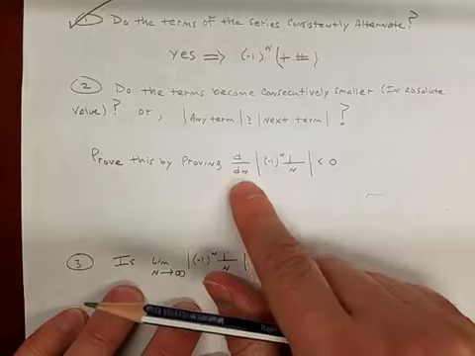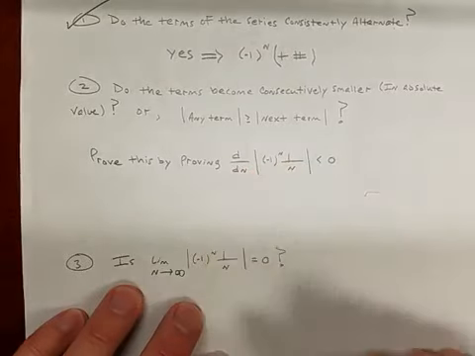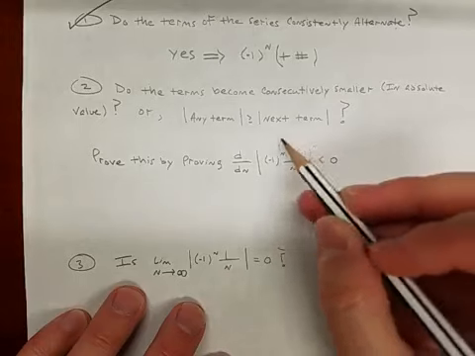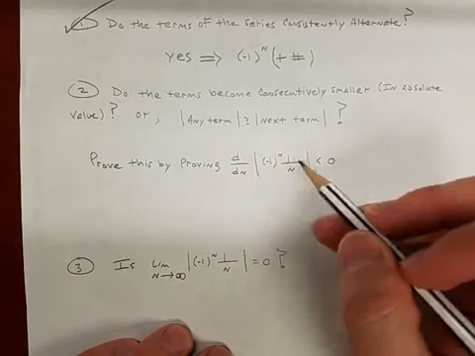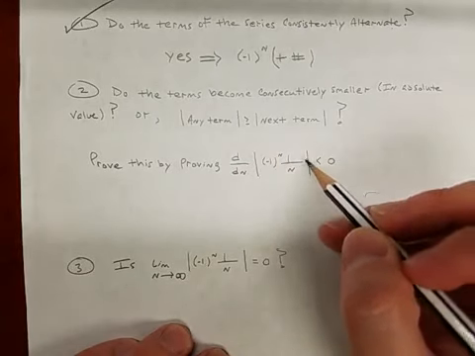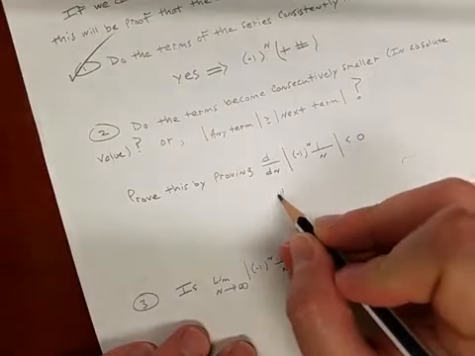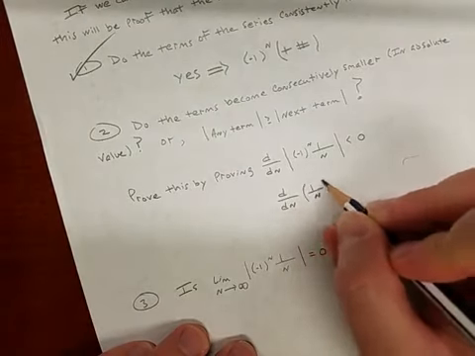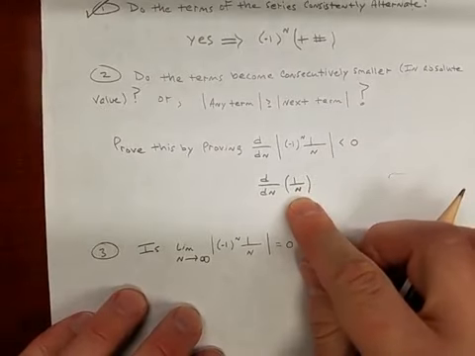All right, so find the derivative of the absolute value of negative 1 to the n times 1 over n. To make the work a little bit easier, what is the absolute value of that? Do you see that the absolute value of that is just going to be 1 over n?